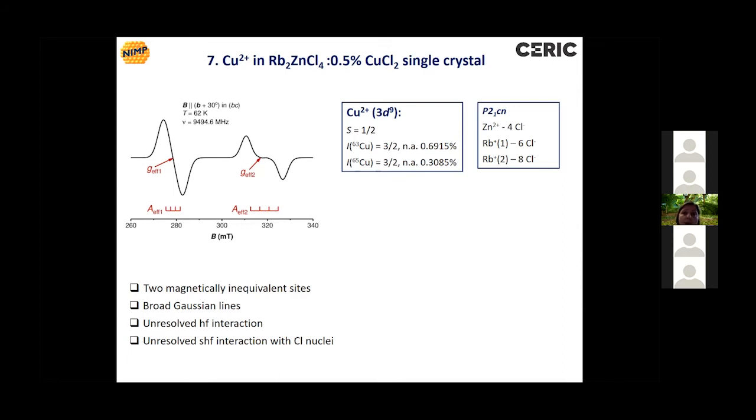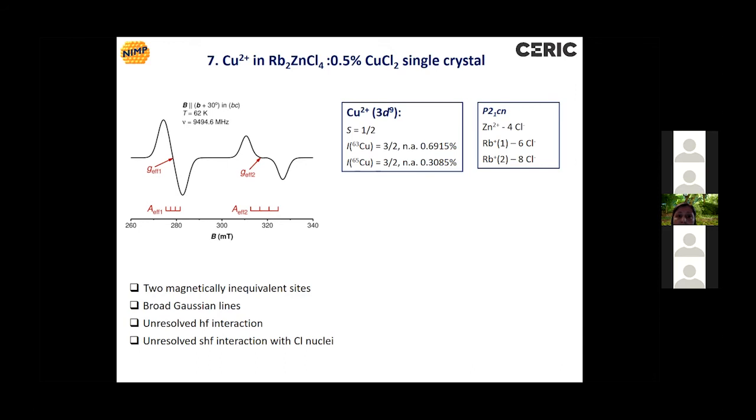And moreover, the single crystal has this spatial symmetry, and it has 4 formula units, which are related by symmetry elements. And the single crystal spectra are very complicated.